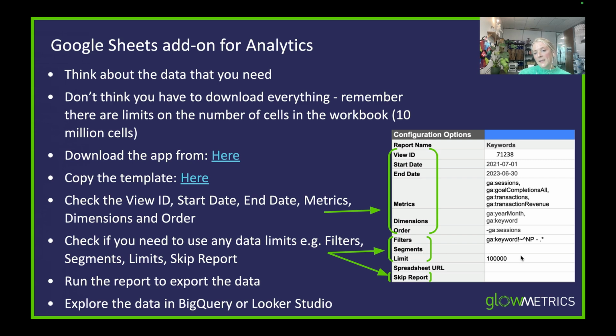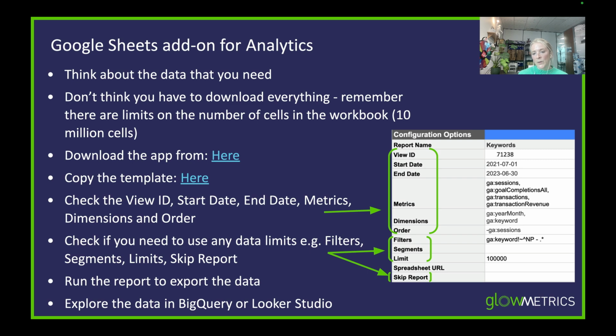Segments can also be added in here. So segments are any segments that you've used. The advanced segments were commonly used in UA reporting, so you can add them in if you want this particular report to run just for particular segments that are added to your Google Analytics account.